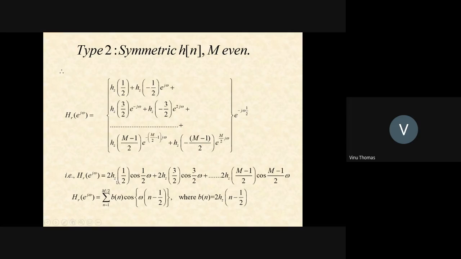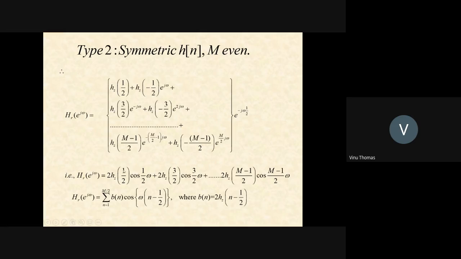We can write this as 2h(1/2) times, if I take this inside, e^{-jω/2} and e^{+jω/2}, then e^{-jω(3/2)} and e^{+jω(3/2)}. Likewise, e^{jω(M-1)/2} and e^{-jω(M-1)/2}.